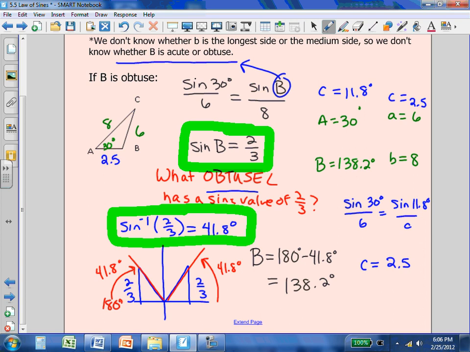So instead of the acute angle, go ahead and calculate the obtuse angle that also has that same sine value. Take 180 minus the angle that your calculator gave you, then finish out angle C and side C. And that is how you find two unique or two different solutions. It's ambiguous, the ambiguous case.